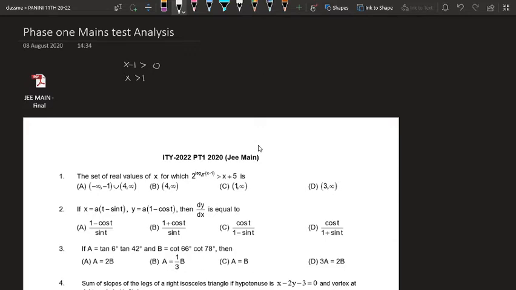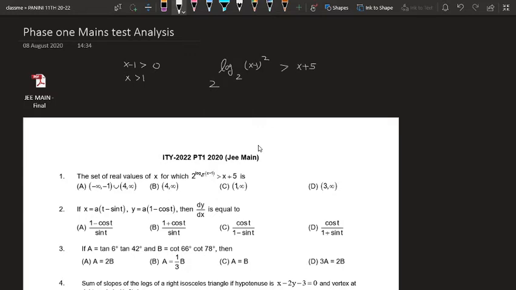So 2 raised to power log base 2 raised to power 1 by 2 x minus 1 square is greater than x plus 5.